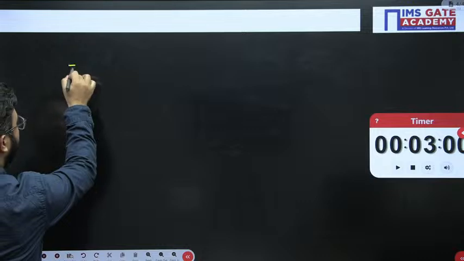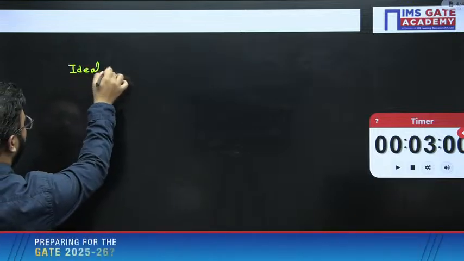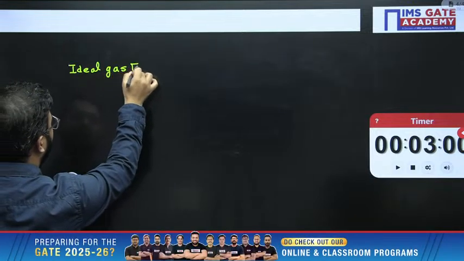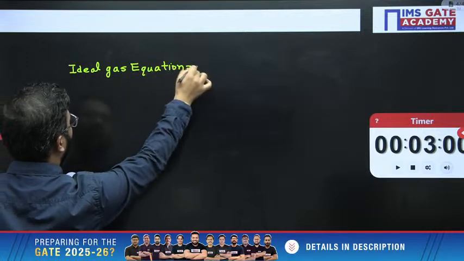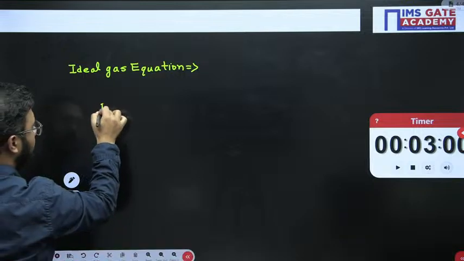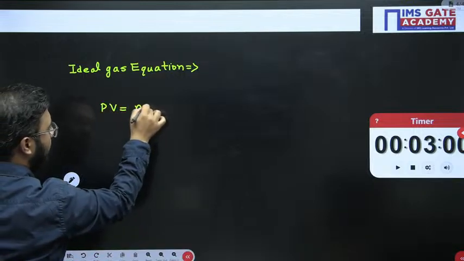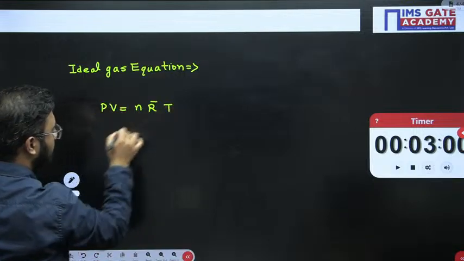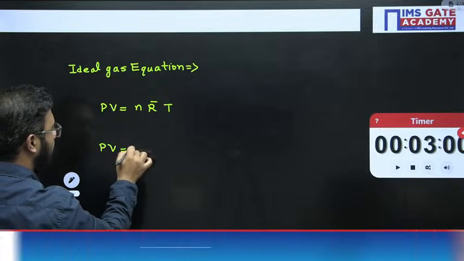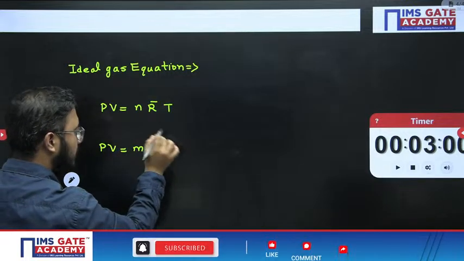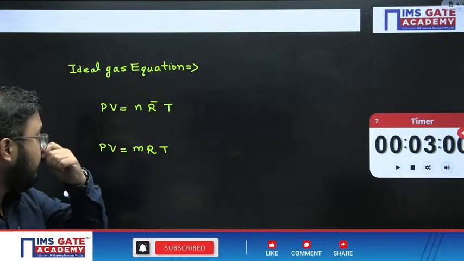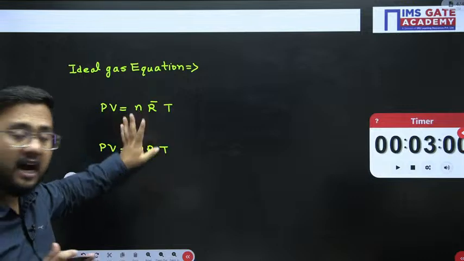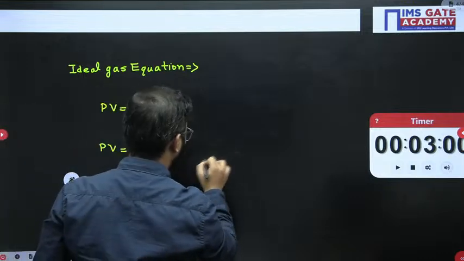If I talk about the ideal gas equation, there are 2 formats: PV equals N R bar T, and PV equals m R T. N is the number of moles, and m is the mass. With the number of moles, R bar will come. And what is R here?